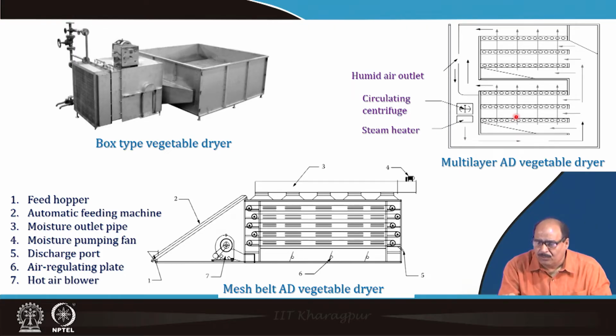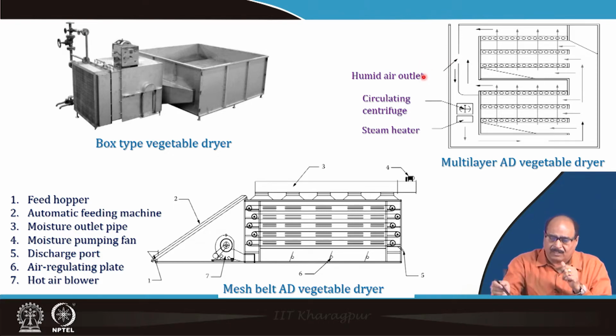So air flows through, heated air goes above, and finally a humid air outlet channel is provided. Through this outlet channel humid air goes out, or in some cases it is recirculated, the recirculatory air dryer, that is the air that is coming out is again heated and used.